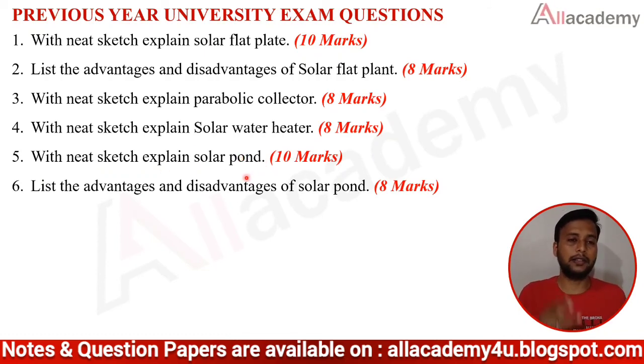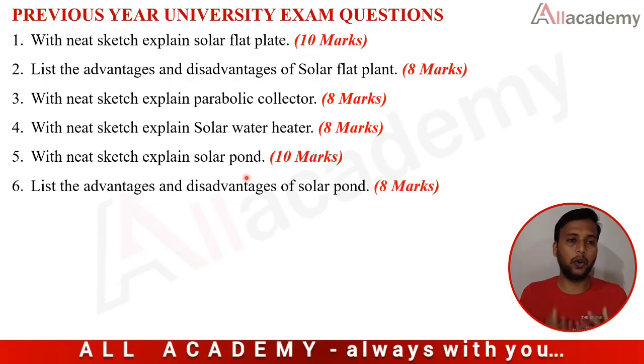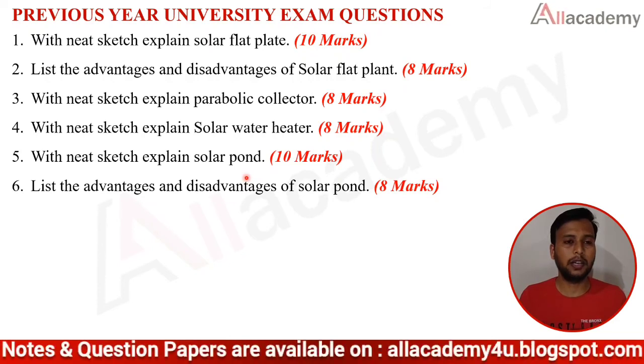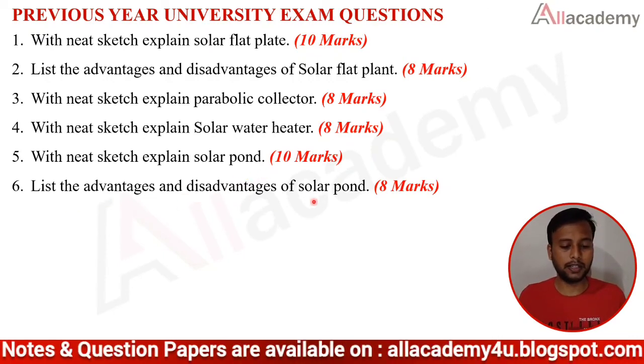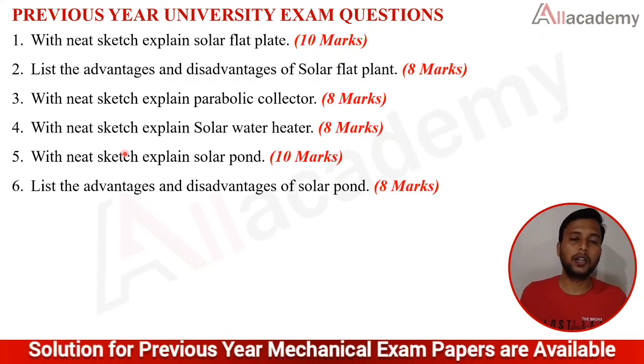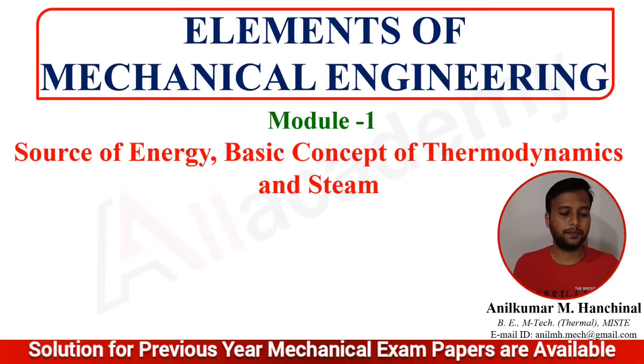It consists of 3 different layers, and the lower layer has a higher salt concentration that stores the energy from the sunlight falling on it, and that energy is extracted in the form of hot brine. The last one is to list out the advantages and disadvantages of a solar pond. This may be asked for 6 or 8 marks. So these are a few questions on the topic we have discussed.